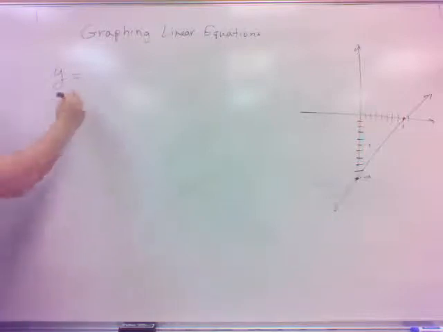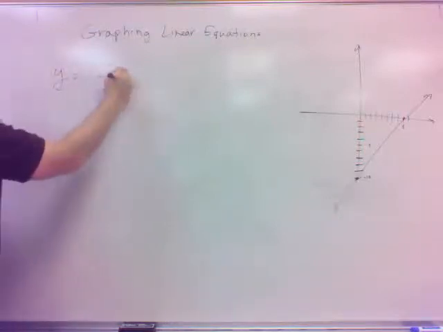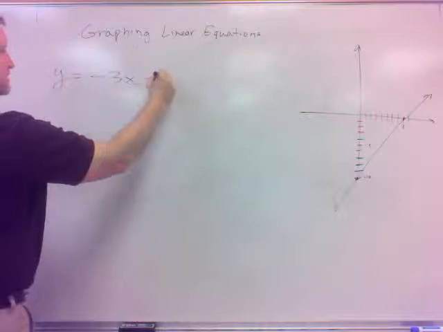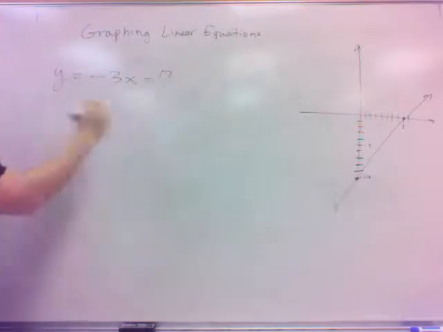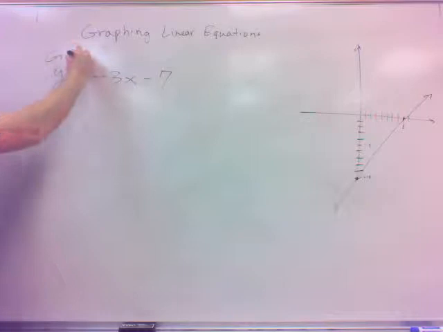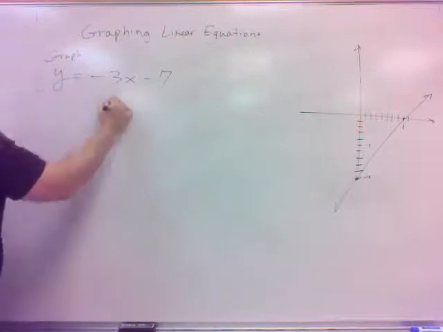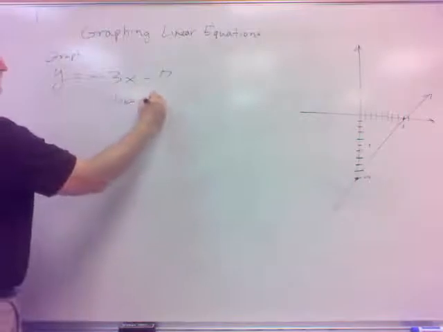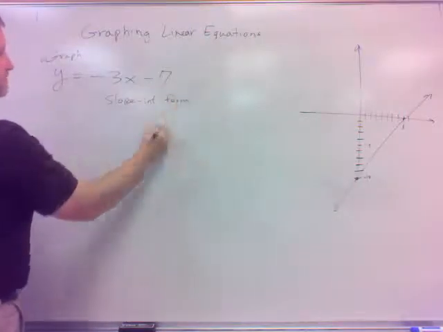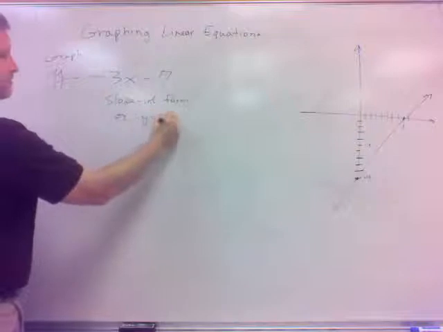Another, what if I have y equals -3x minus 7? I just want to graph it. Well, this one is probably set up for another method, right? This one is in what form? It's in slope-intercept form. Sometimes we term it y equals mx plus b form.